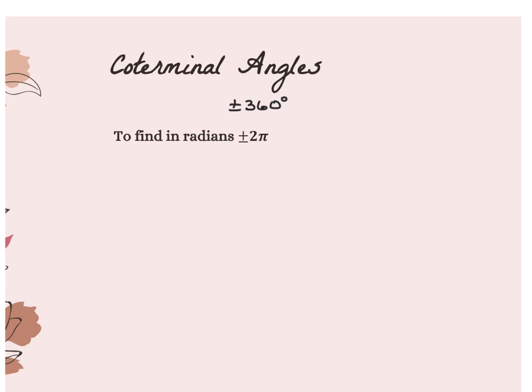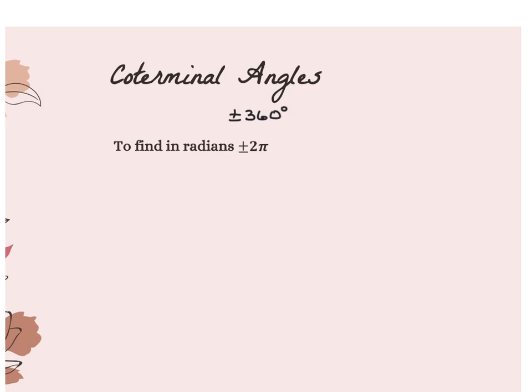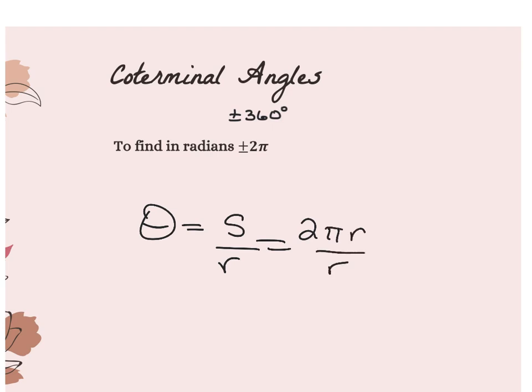Okay, so again, 1 revolution around a circle of radius r is going to correspond to an angle of 2 pi. Because remember, theta is equal to S over r, so 2 pi r divided by r equals 2 pi.